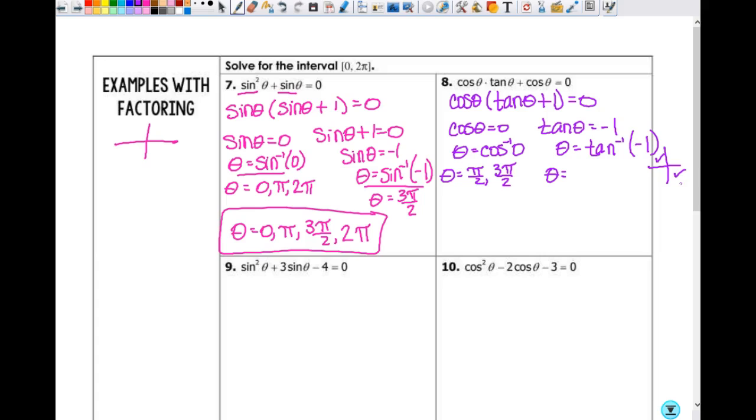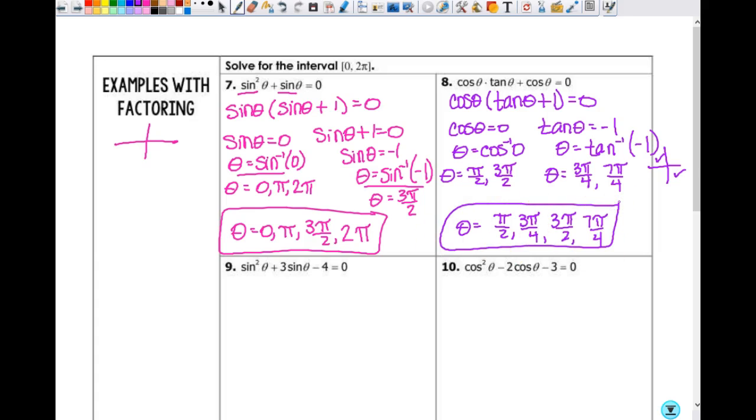So what's my second quadrant? 3 pi fourths. And then my fourth quadrant is 7 pi fourths. So there's my two sets of answers that I then put together from least to greatest. So I start with pi halves, and then 3 pi fourths, and then 3 pi halves, and then 7 pi fourths.